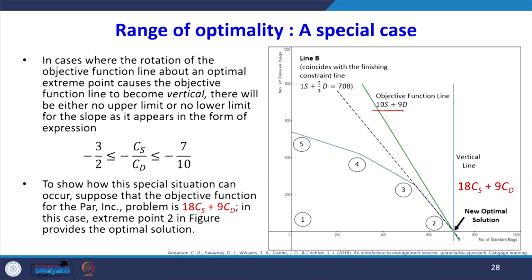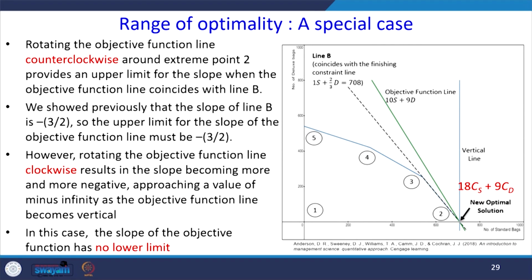To show this special situation can occur, suppose the objective function for the problem is 18 Cs plus 9 Cd, say this is the new objective function. In this case, extreme point 2 provides the optimal solution.